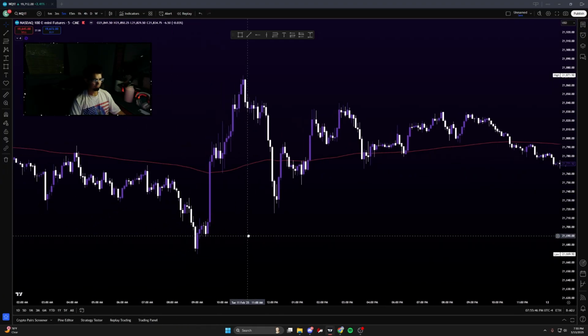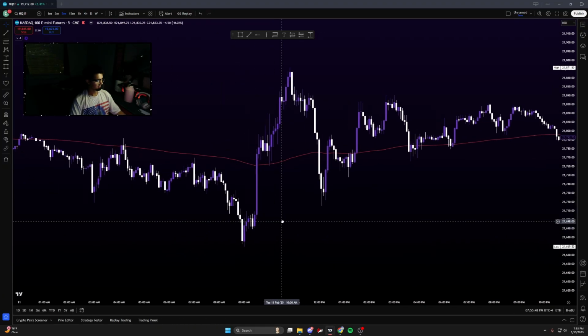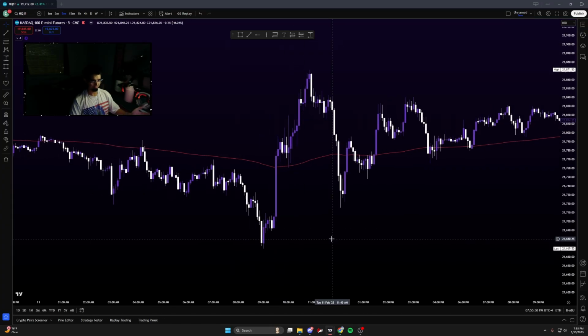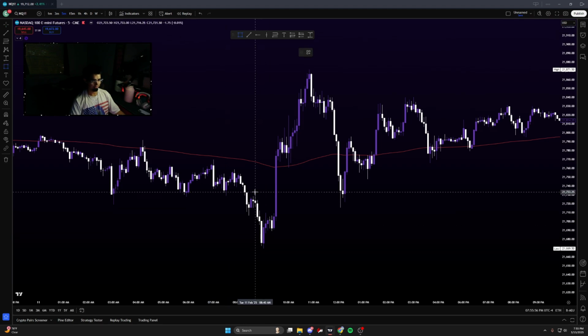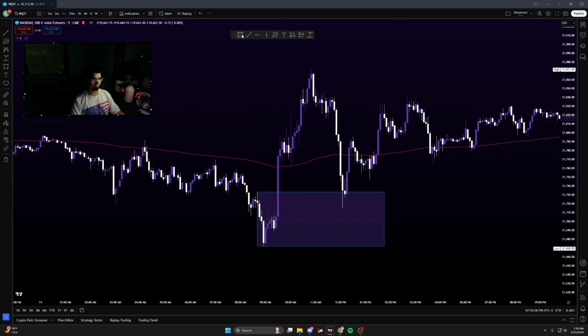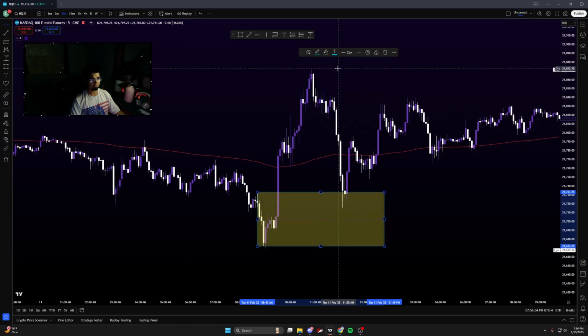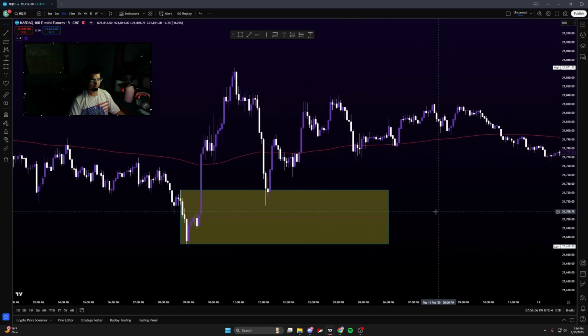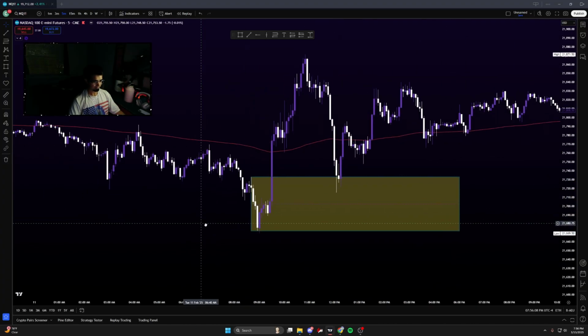So that's going to be it for order blocks. It's not as long as our other videos, but you get the idea. It's a series of movements that gets respected by forming a new high or a new low. And once that new high or new low gets formed, that order block is formed, and then we can expect price to trade back into that order block and then go off of it.